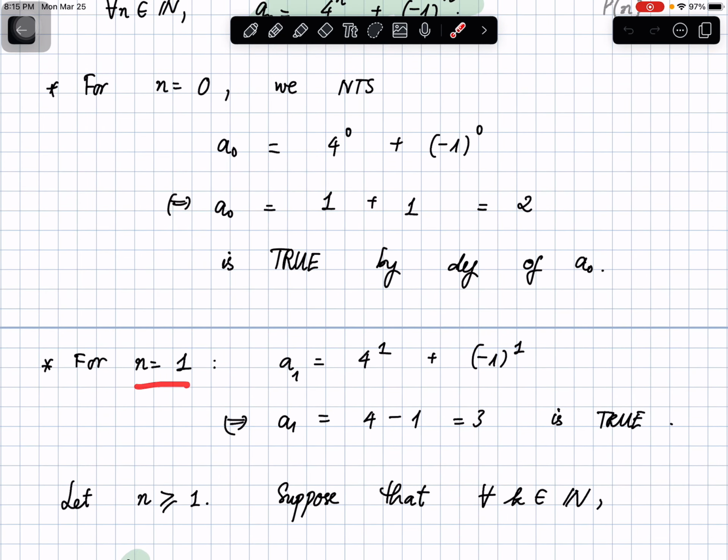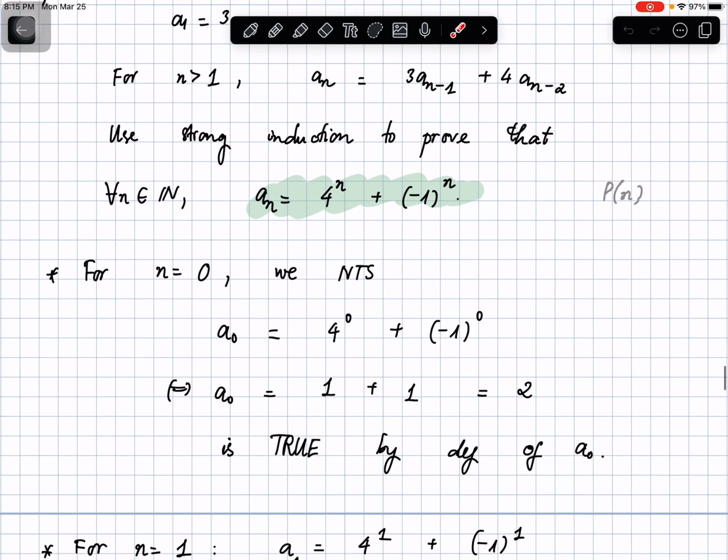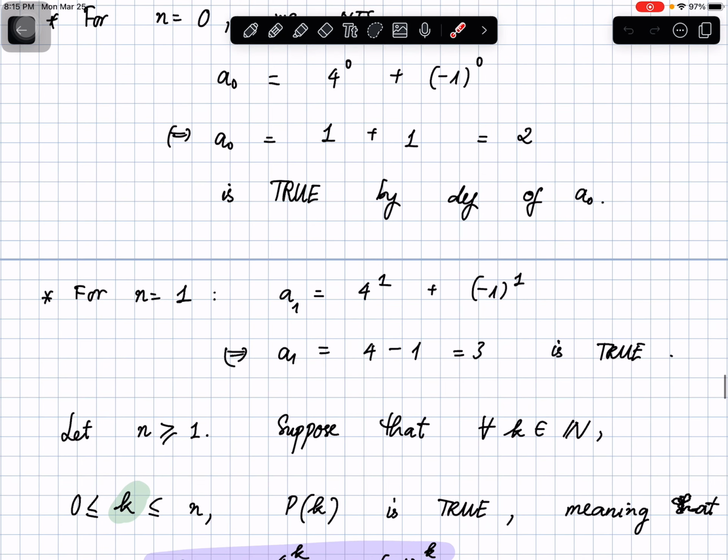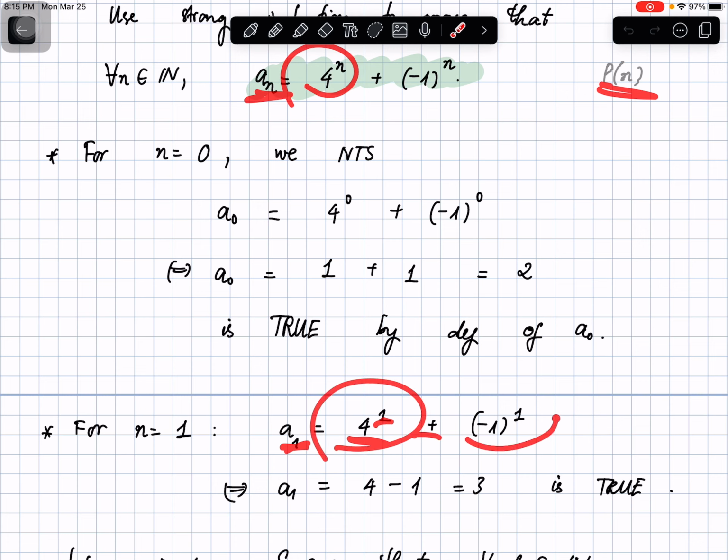Now n equal to 1, we still need to consider it separately because it's defined by a separate formula, a1 equal to 3 by definition. So we need to show that P of 1 is true, meaning that we need to show that a sub 1 equals 4 to the 1 plus (-1) to the 1.